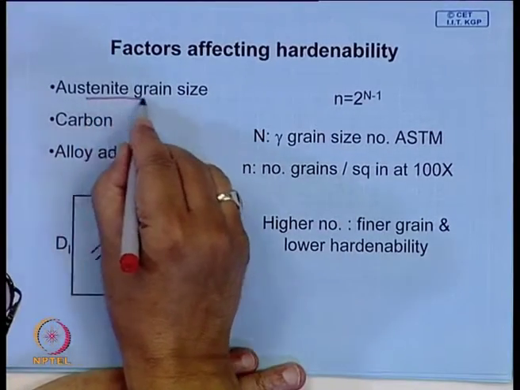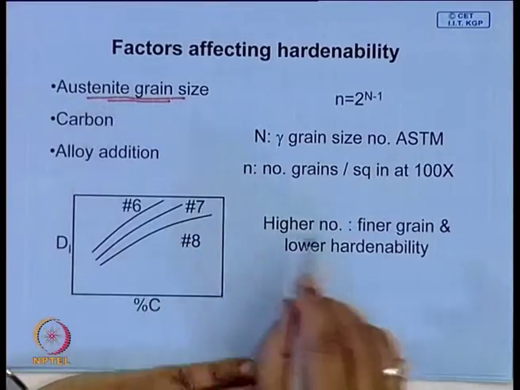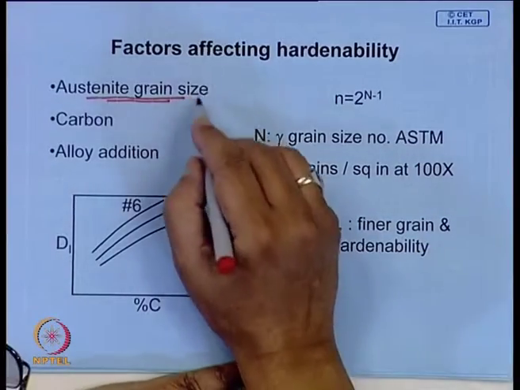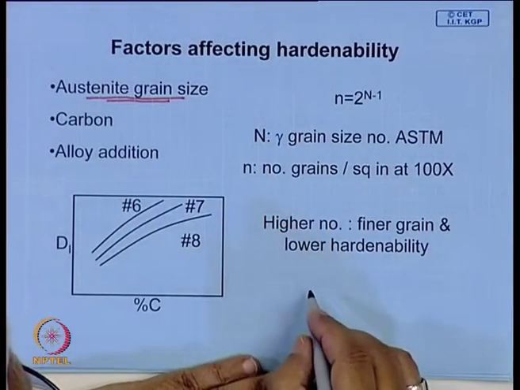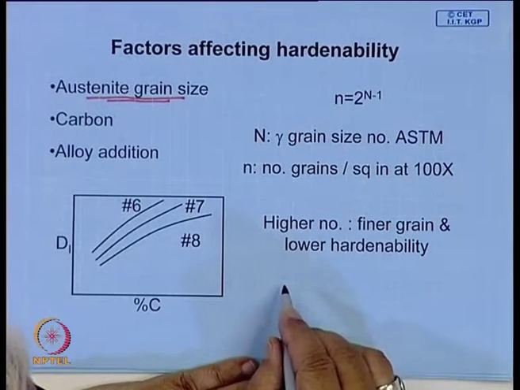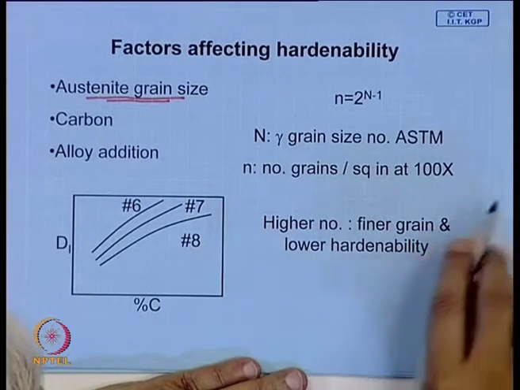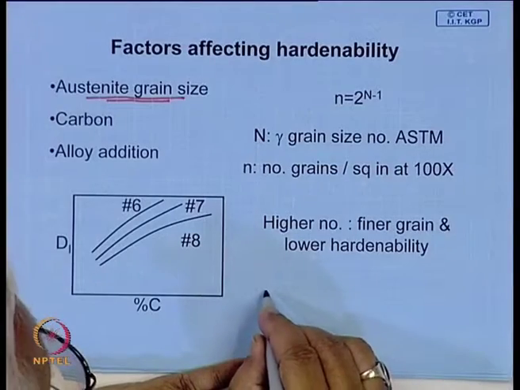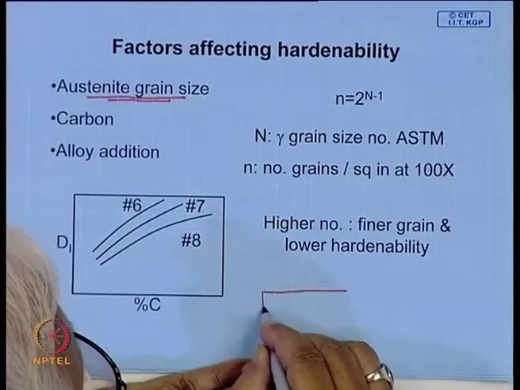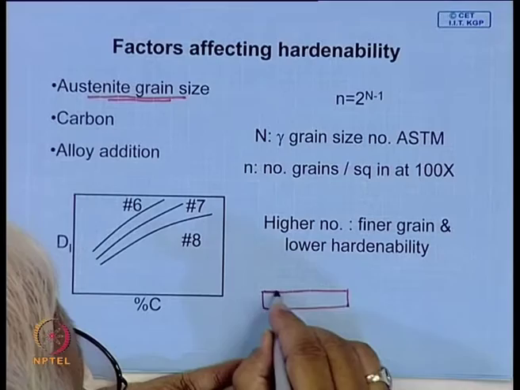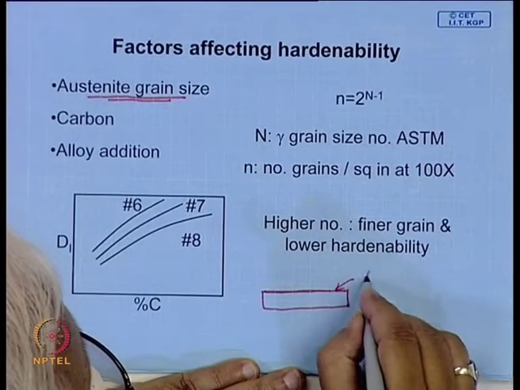I think this method of determining austenite grain size was talked about earlier. Even after the Jominy end quench test, after you have measured the hardness, you can develop the microstructure.